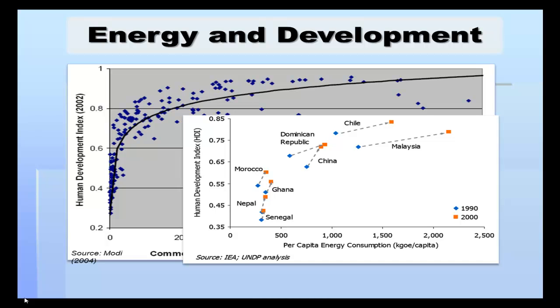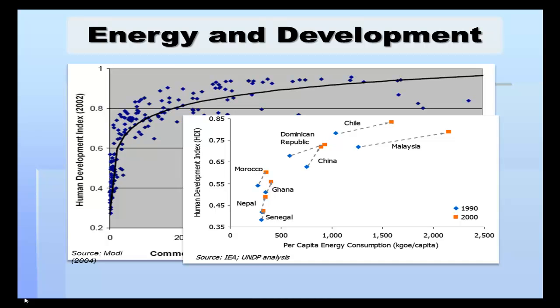And then you have those countries that have a lot more commercial energy supply, and also have higher HDI, countries, even developing countries, like Chile and Malaysia. Once you add the Japans and the USAs, you go even further into the commercial energy consumption part of the curve, and significantly higher HDI.